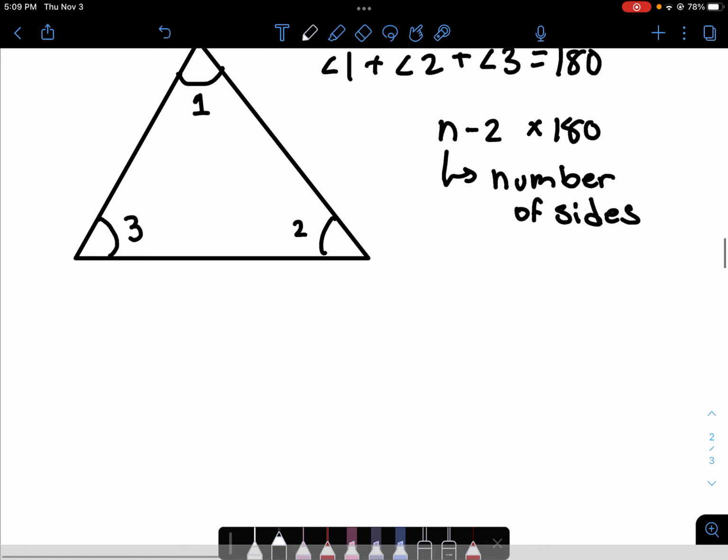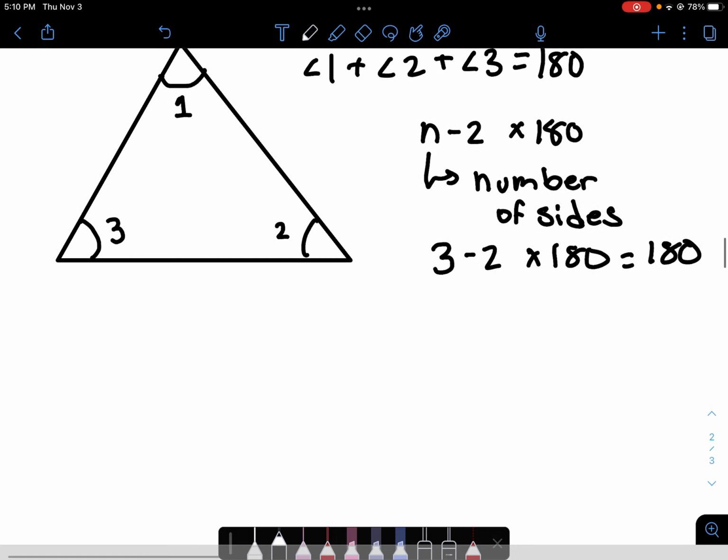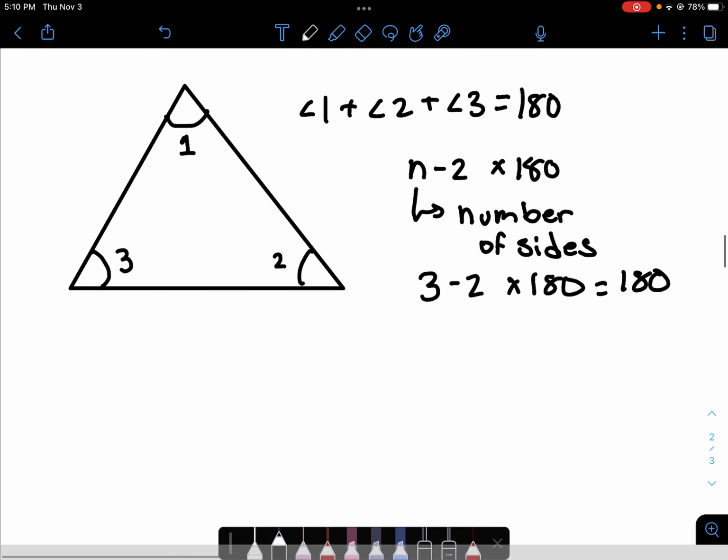So in a triangle, there are 3 sides. So 3 minus 2 times 180 equals 180. So that's why there is 180 degrees in a triangle.